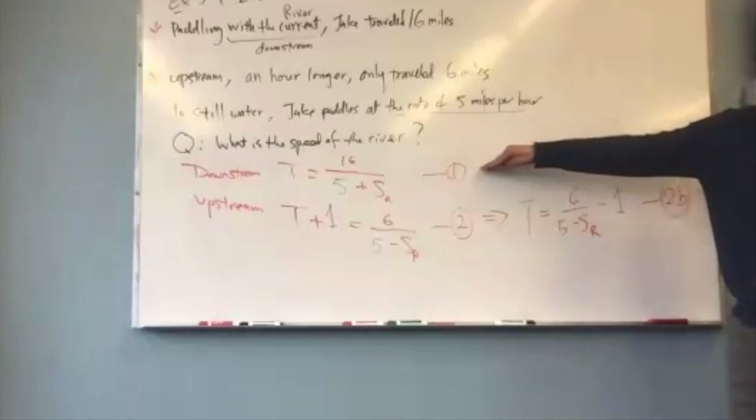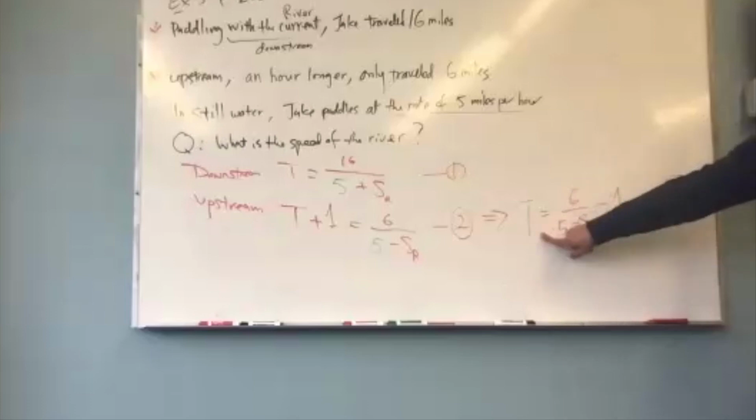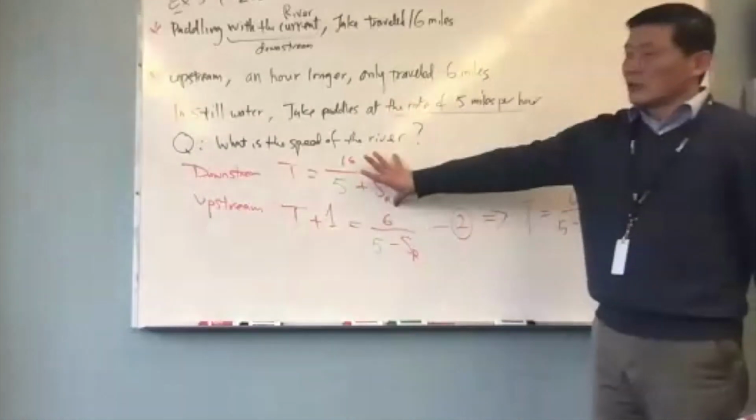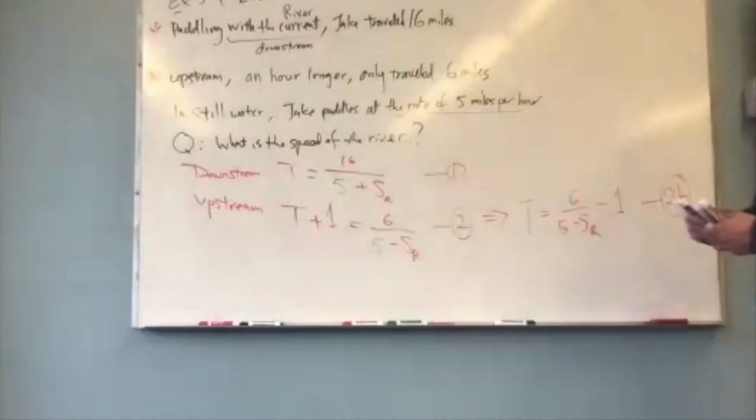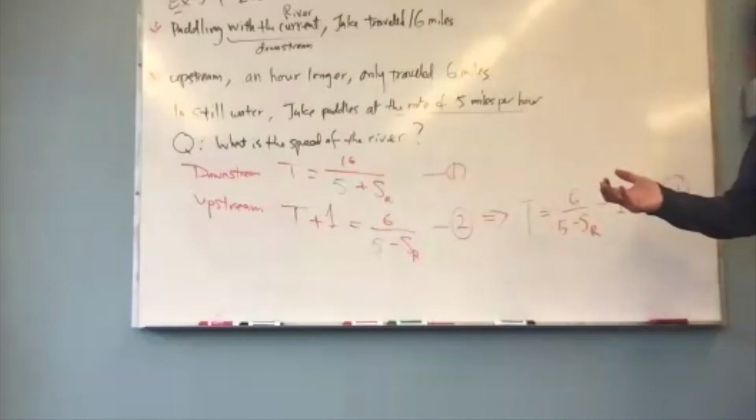Can I look at 1 and 2 and say, well, this is a complicated expression, but it's equal to t, and this is a complicated expression equal to t? Then perhaps I can set them equal to each other. T equal to t, right?